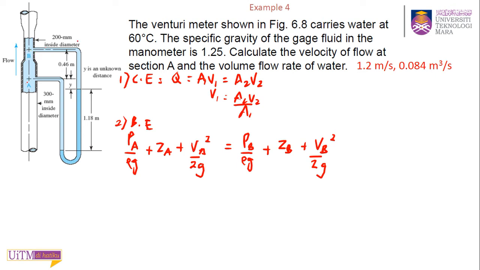Lain kan? Dia kat atas, kat bawah. So you know the difference between ZB and ZA. So they give you ZB minus ZA is 0.46 meter. Okay, so you have ZB minus ZA sama dengan 0.46 meter. So ZB here and ZA here.